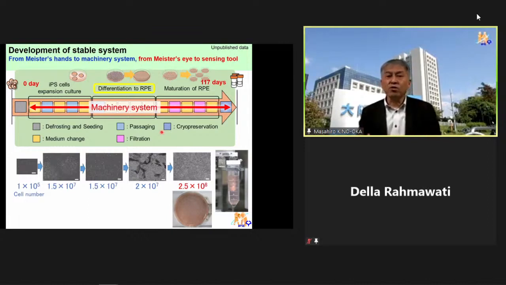But we can use this one. If we purify it or discuss with the regulator, we can use some of these reagents. Of course, animal-free reagent is much better, but sometimes it is impossible to replace.